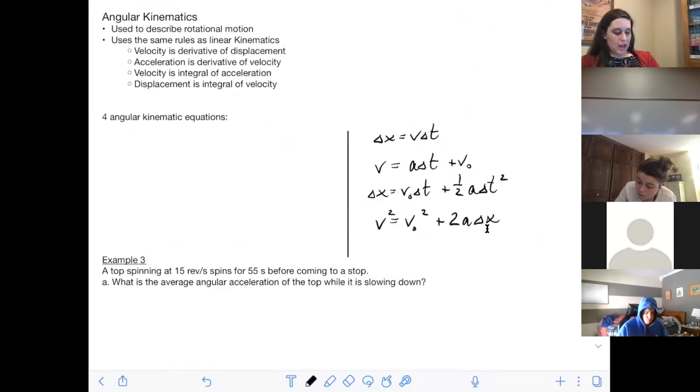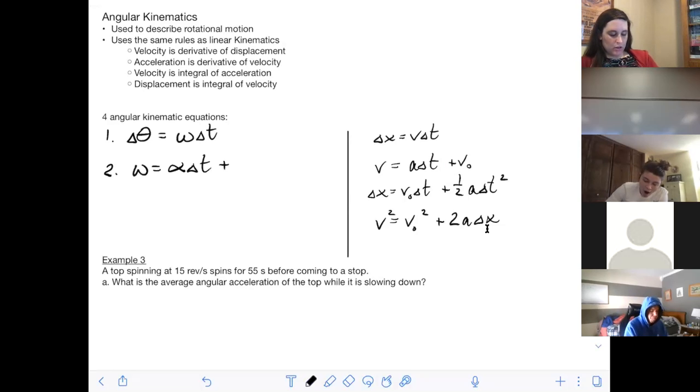And so what we are left with is four angular kinematic equations that look basically identical to their linear counterparts. The difference being that they use angular quantities rather than linear quantities.